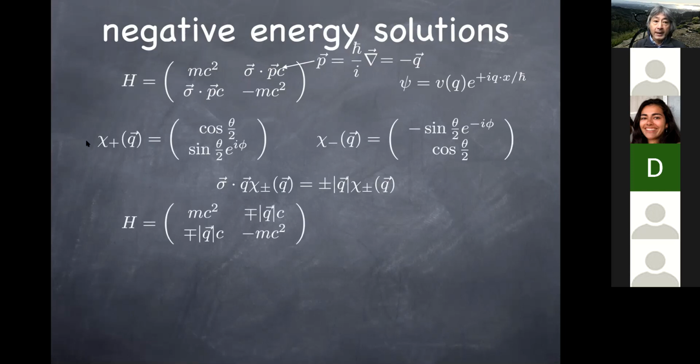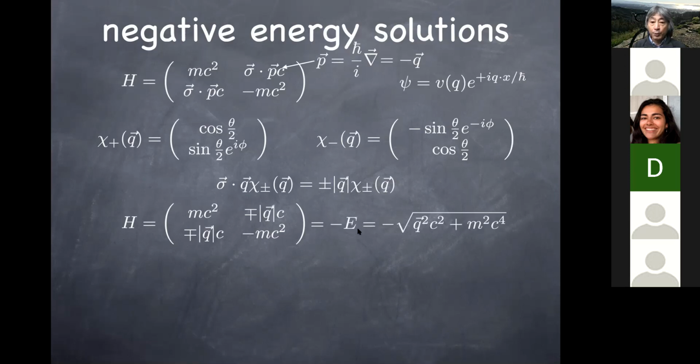So for positive helicity chi plus solution, the off-diagonal component is actually negative Q instead. And for the negative helicity solution, I need to put positive Q in the off-diagonal component of this 2x2 matrix. So that affects the relative sign between upper two components and lower two components of the eigensolutions.